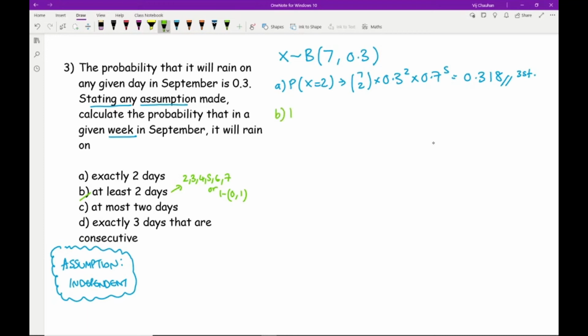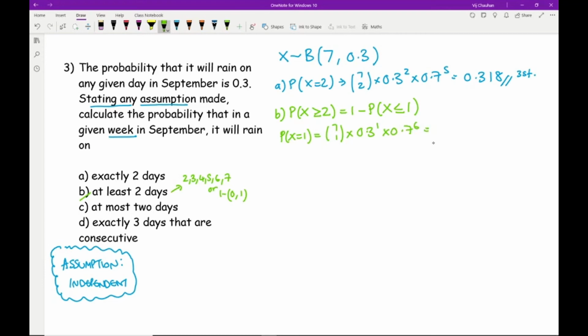Here the probability that x is greater than or equal to 2 is the same as 1 take away the probability that x is less than or equal to 1. First of all, working out the probability of 1: that's going to be 7 choose 1 times 0.3 to the power of 1 times 0.7 to the power of 6.